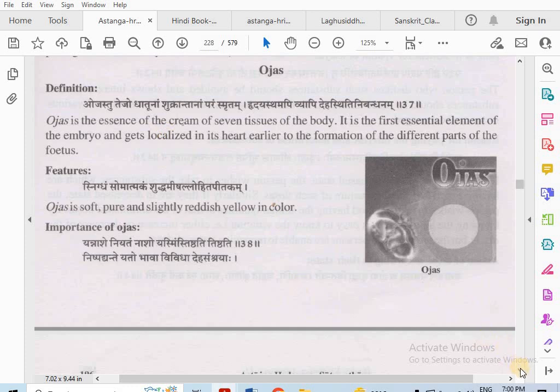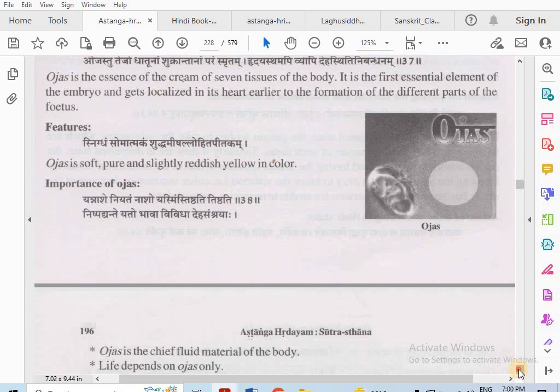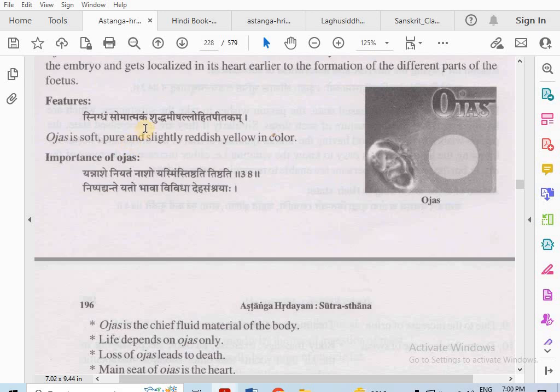Now let us understand the features of ojas. Snigdam somatmakam suddha misallohita pitakam. What are the qualities of ojas? Snigdam, ojas is snigdha, unctuous. Then somatmakam, atmakam means full of soma. Soma here you should understand as pure. Actually there are many meanings of soma.